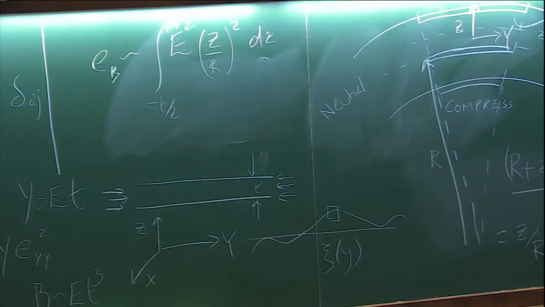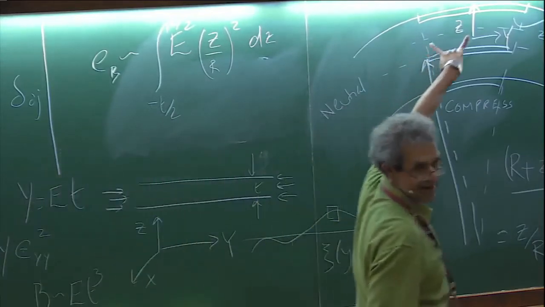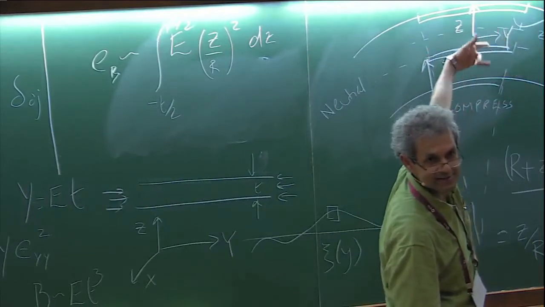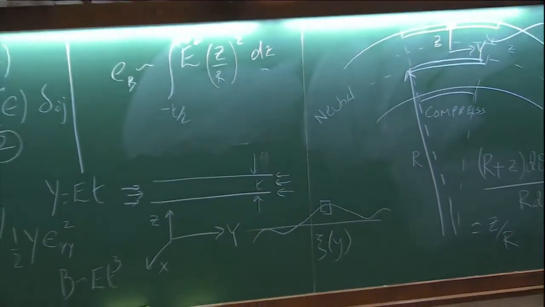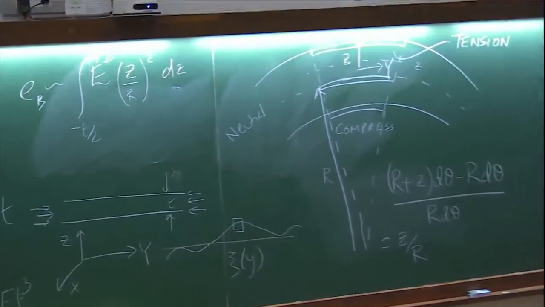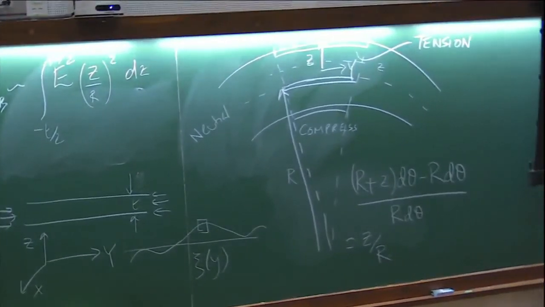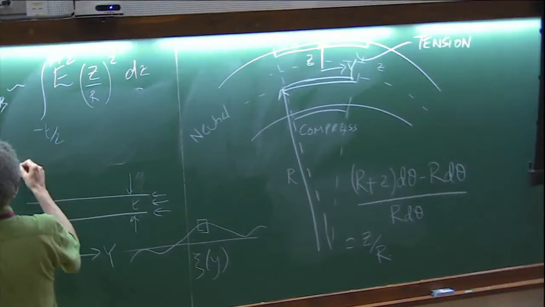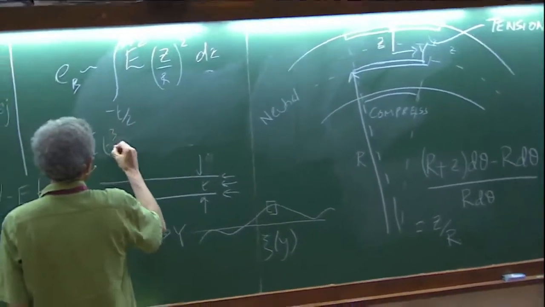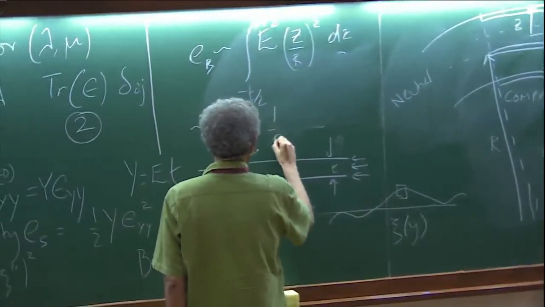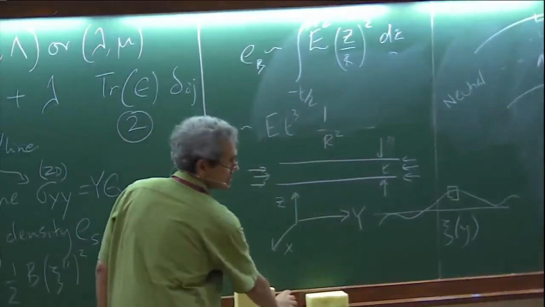So really what you get, there's a gradient there, there's a gradient there, this is the difference of the gradient that's contributing to this. That's why you get it. Microscopically, that's why you get another gradient. Okay? So this is, as you can see, this is going to go as E T cubed times 1 over R squared. Okay?